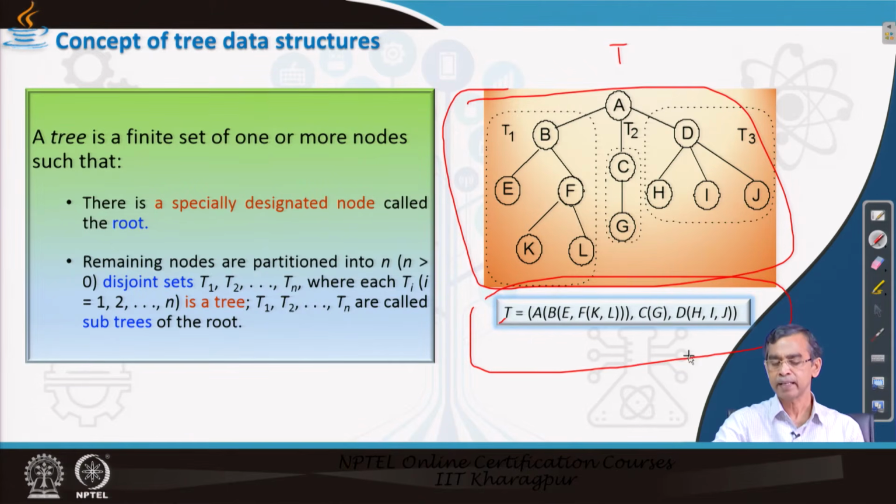The idea is that if you see A, it will store the subtrees by parentheses. So, A has a subtree in one parenthesis, another subtree, and this is the subtree.